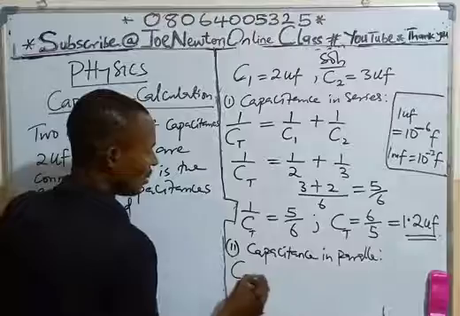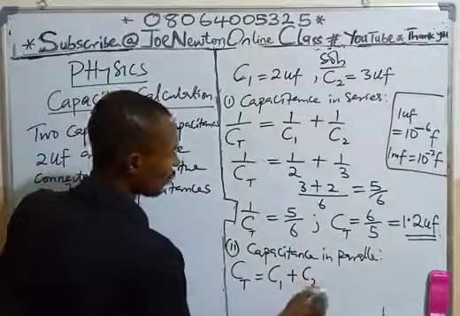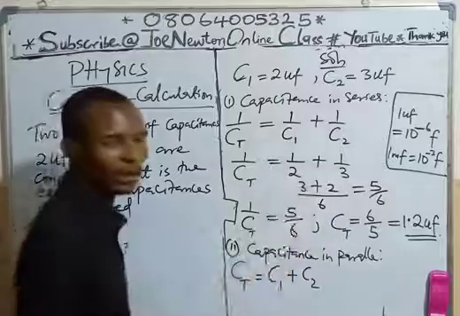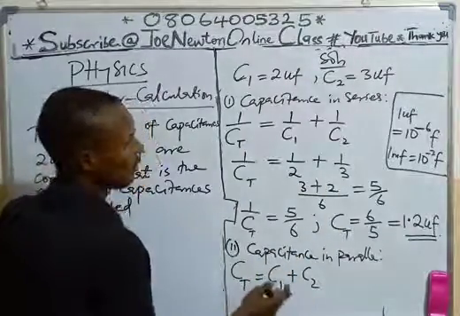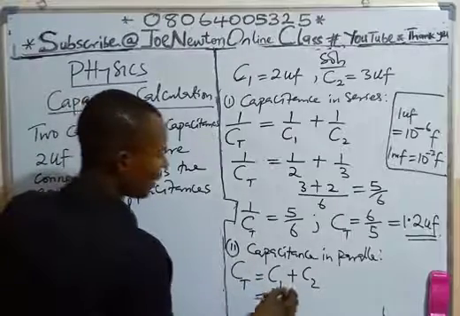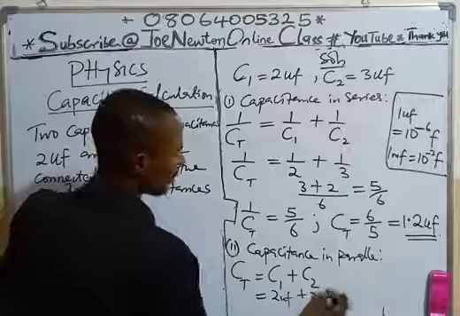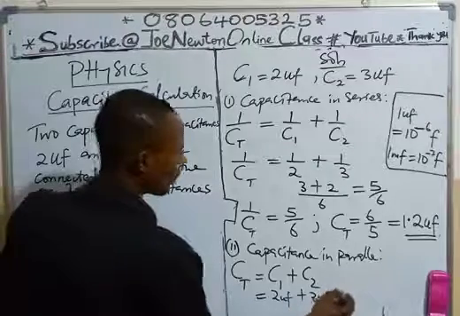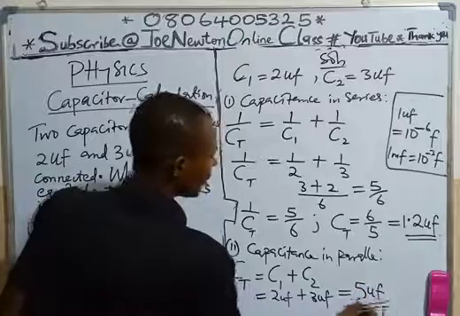C total is equal to linear addition, C1 plus C2, and continue depending on how many capacitors you have, which will give us our C1 is 2 microfarad plus our C2 is 3 microfarad, giving us a total of 2 plus 3, which is simply 5 microfarad.